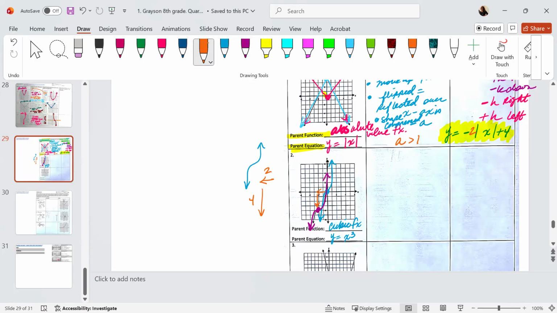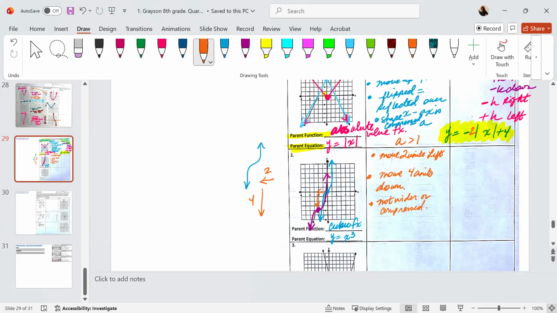There you go. Describing the movement. Move 2 units left. Move 4 units down, correct? It looks like the shape is about the same. Do you agree? Doesn't look like it's wider, not wider, or compressed.